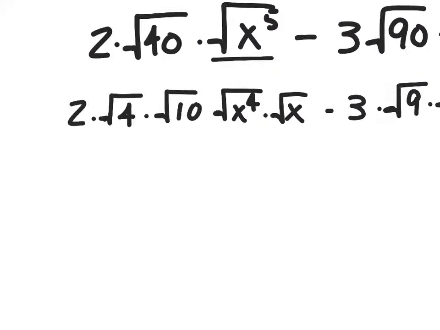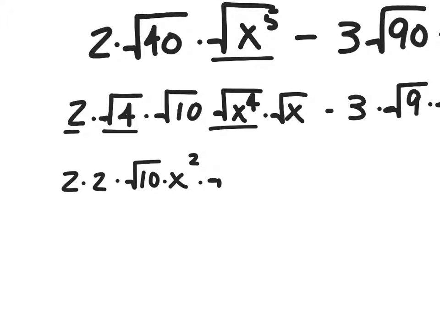All right, so let's do 2 times the square root of 4, which is going to give me just 2, times the square root of 10. Now I can take the square root of x to the 4th. 4 divided by 2 is going to give me x squared. So times x squared times the square root of x, minus 3.